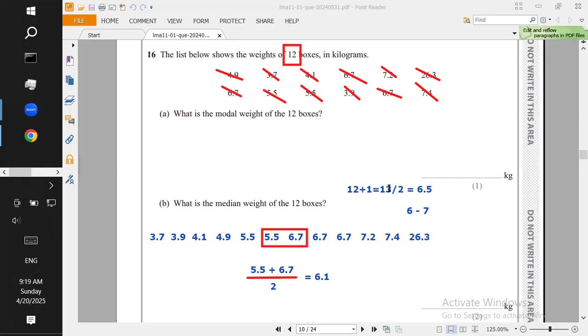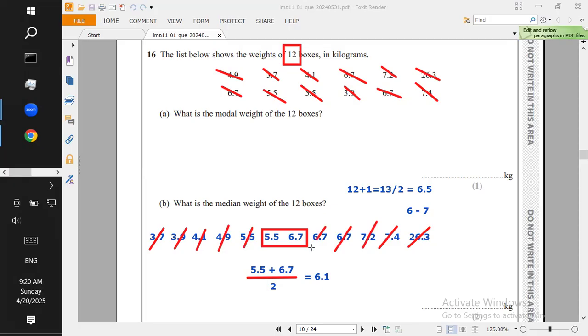Now, the other method, if you don't want to use this method, you can use the elimination method. The elimination method works like this. Eliminating one number from the left and one number from the right. And then again, left and right, again and again, until the last numbers.